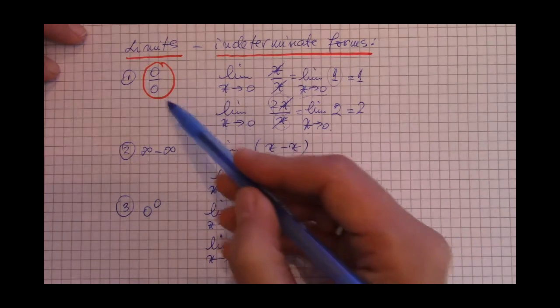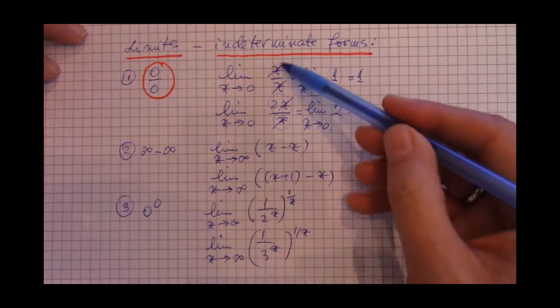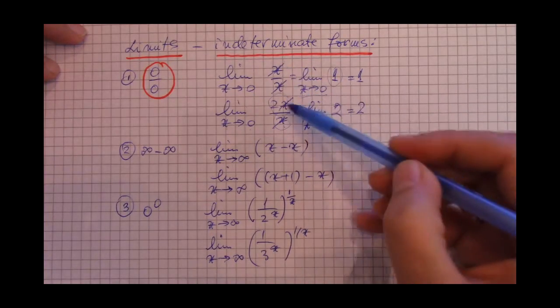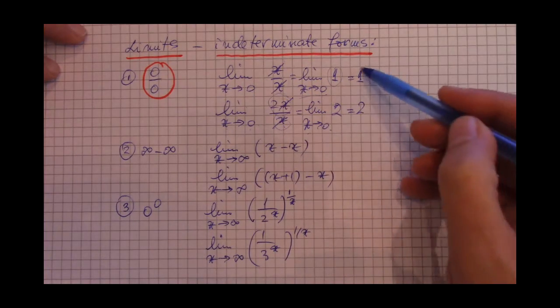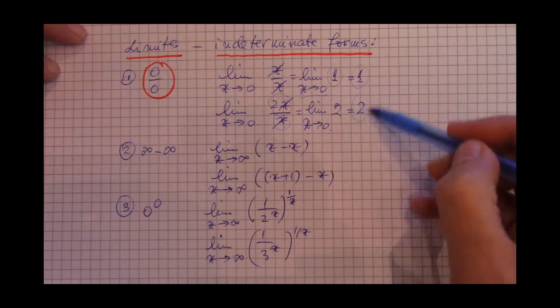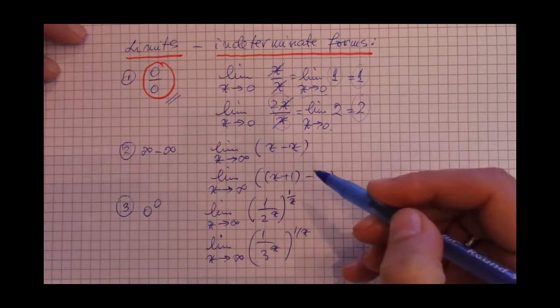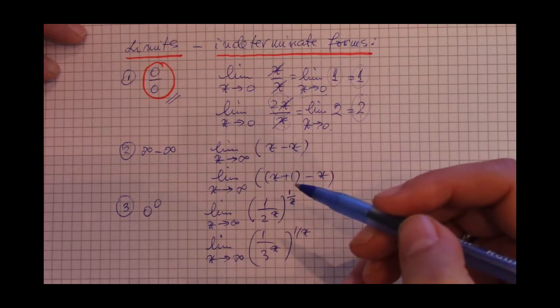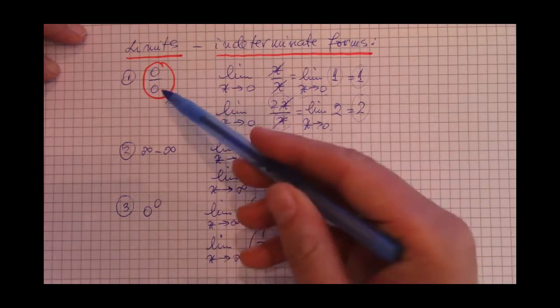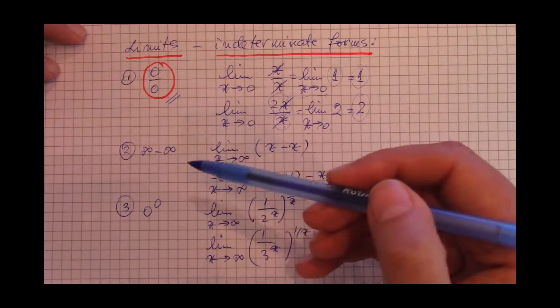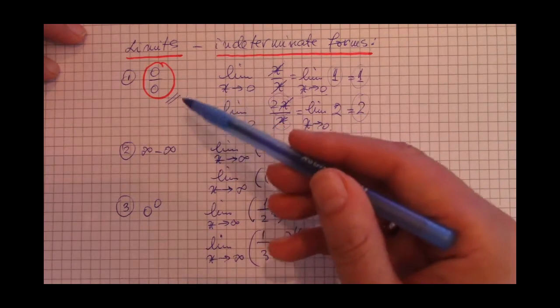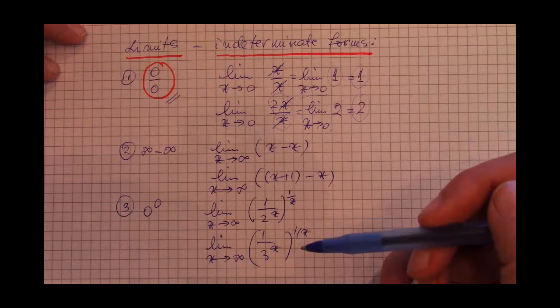So 0 over 0 in one case turned out to be 1, in one case turned out to be 2, so 0 over 0 is not determined. We need to do the work in order to realize whether we can assign a certain value to what we generally call 0 over 0 when it comes to calculus.